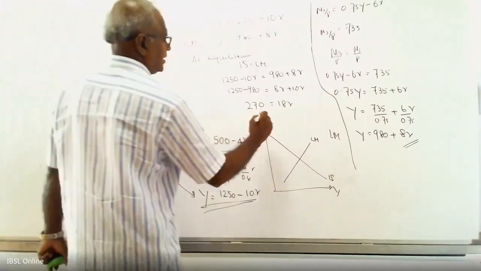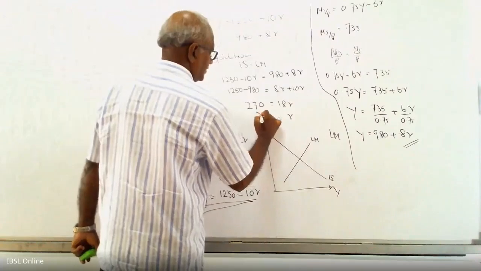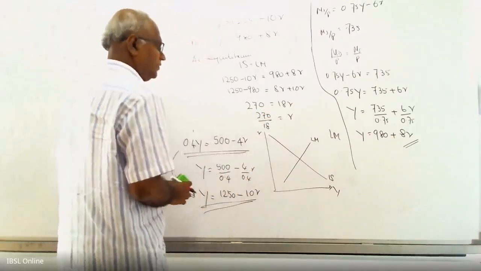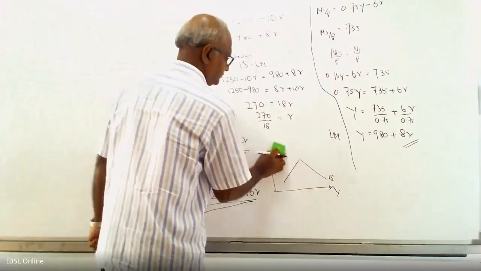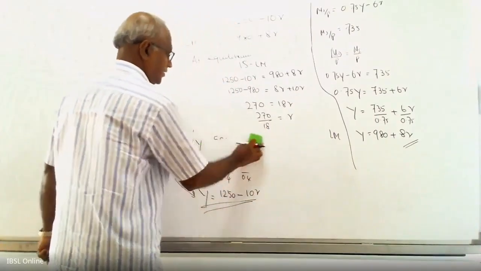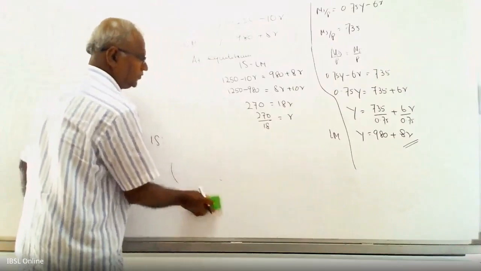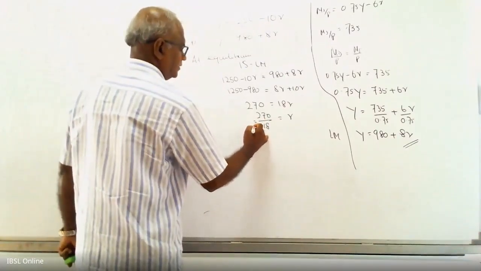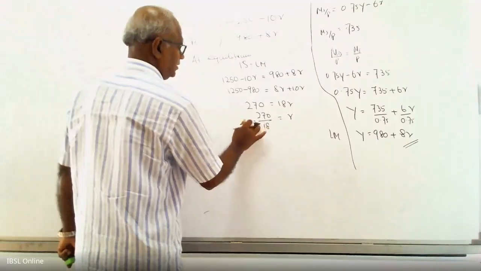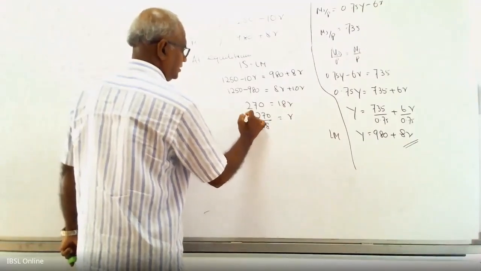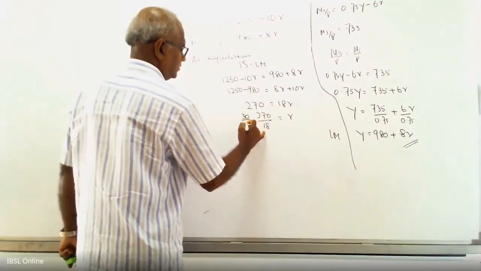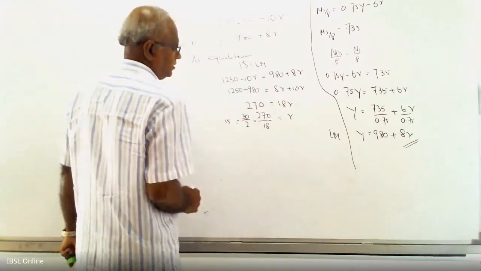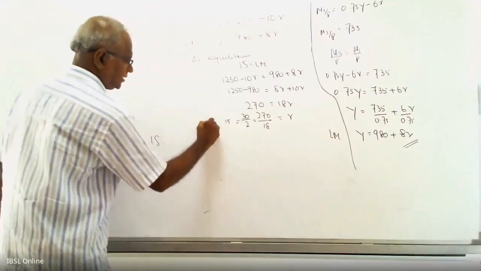R equals 270 divided by 18, which is 15. Right. Then this is the diagram.